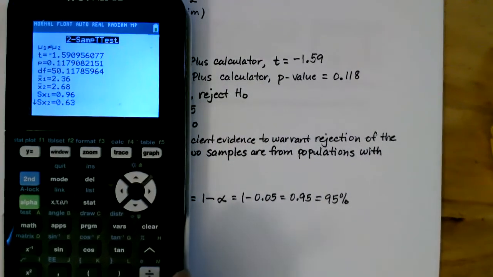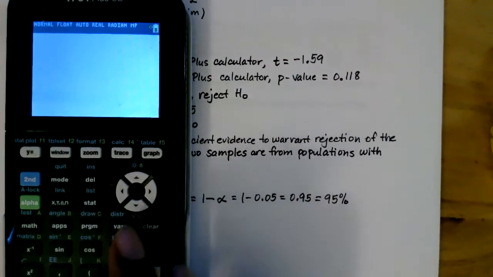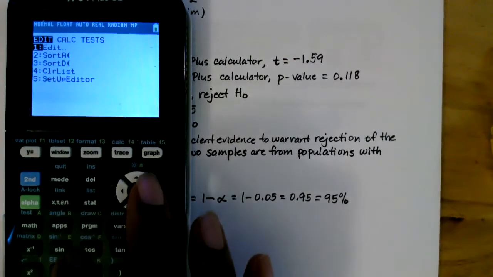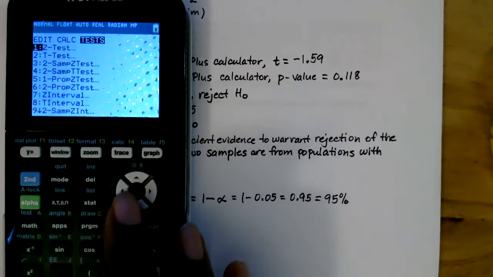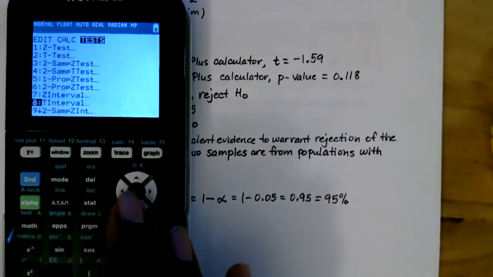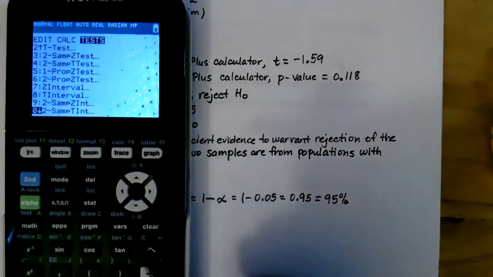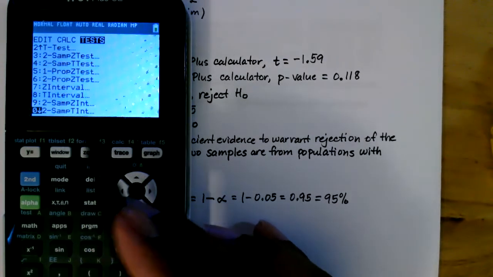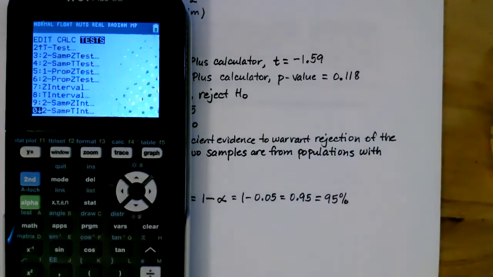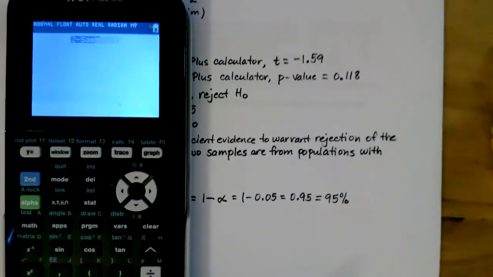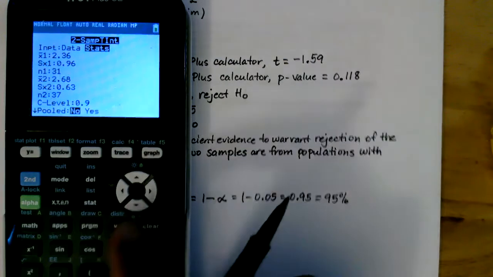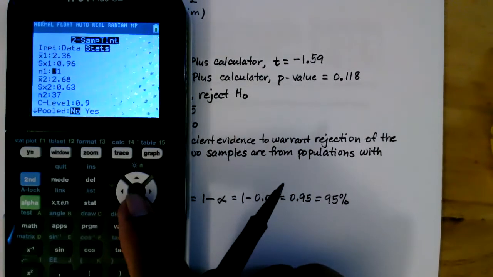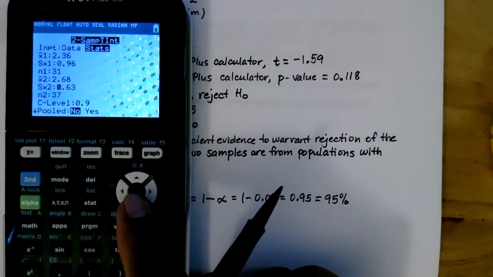Now let's find that confidence interval. Okay, I'm going to clear this out, go to stat, go over to test. This time it's going to be 2-samp T interval. That's this menu item right here, 2-samp T INT, short for interval. Select that. Notice that X1, S1, and N1 are already there. X2, S2, and N2 are also already there.